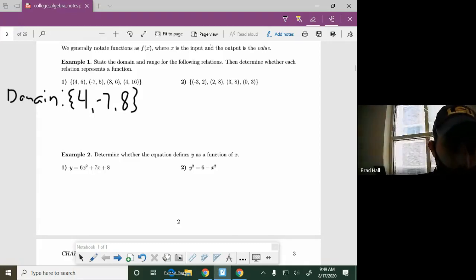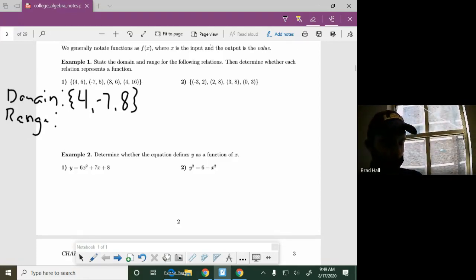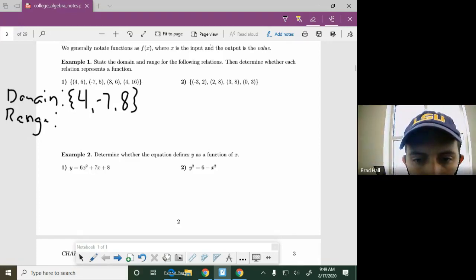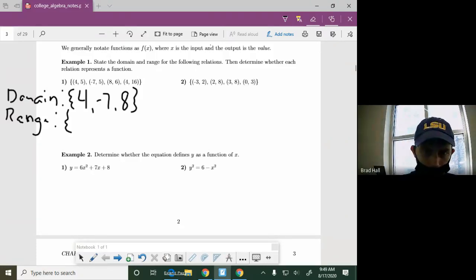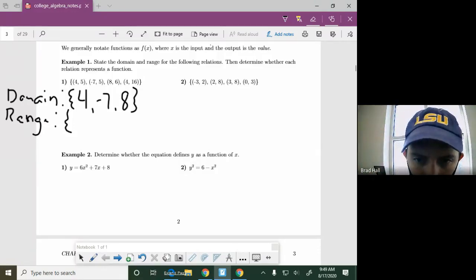All right, so let's move on to the range. So this is the range. I know it's kind of hard to see. That is the range. And so we're going to do the same thing as before, but we're going to list off the y values. So with the pair of 4, 5, we would list the 5.